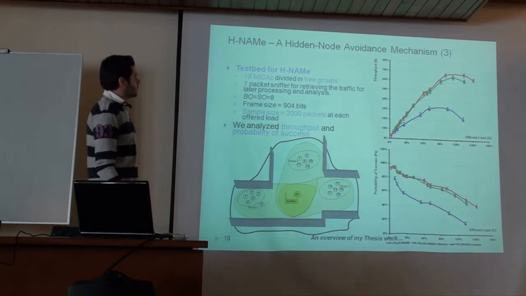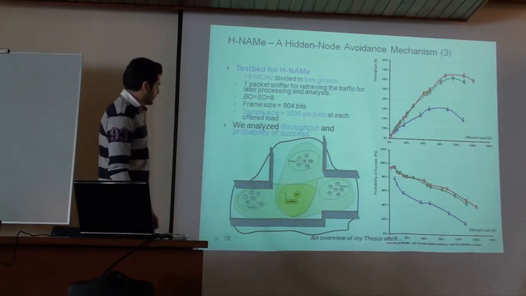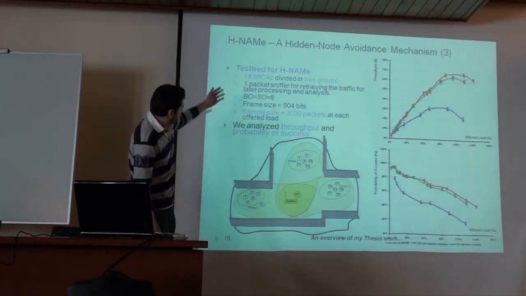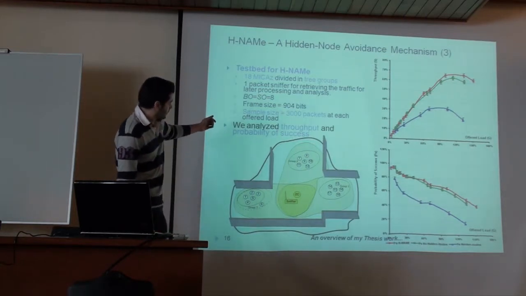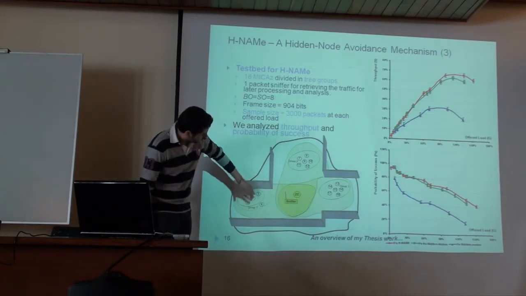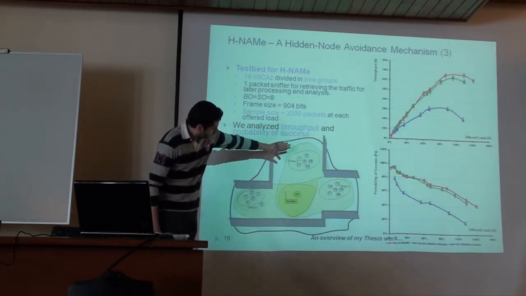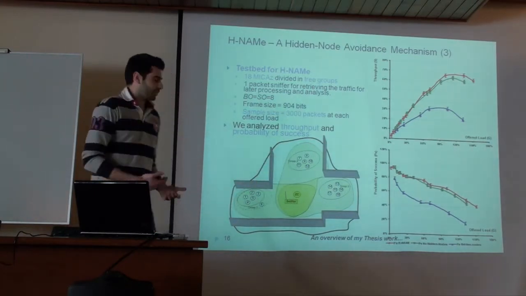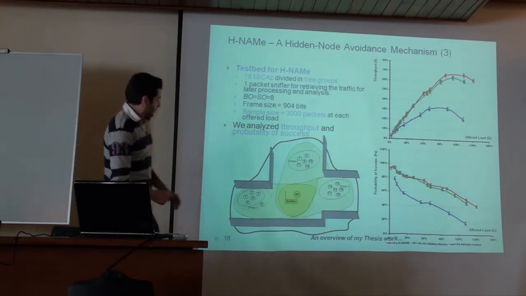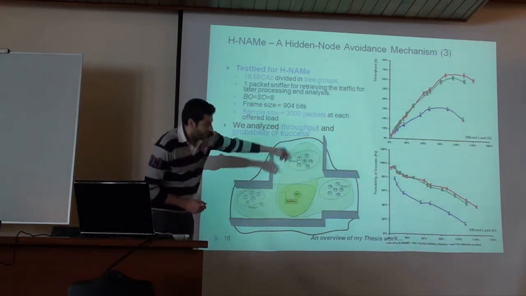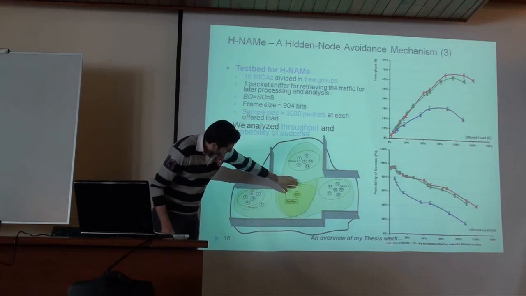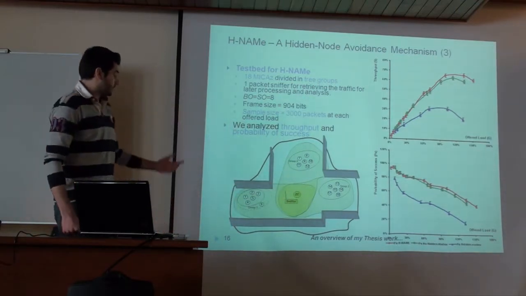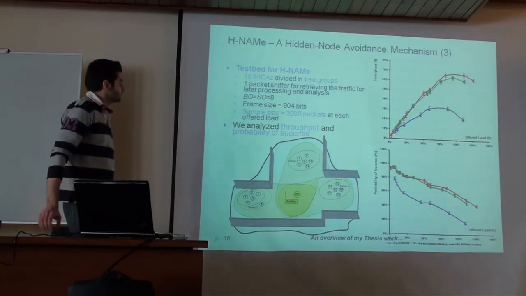We tested this experimentally. We built a test bed that had 18 MakeZ nodes. We had a group of 6 nodes here, another 6 nodes there, and some others there. These were not visible to each other, so they were hidden. These are some obstacles, these are walls, and we had a ZigBee coordinator and a sniffer to get all the traffic.